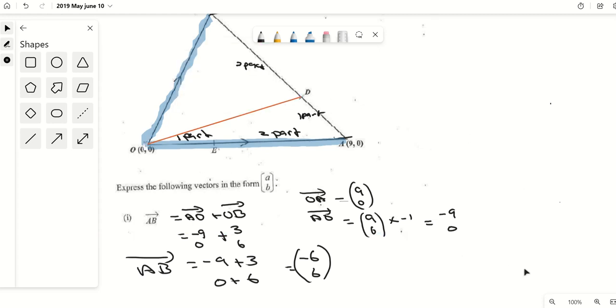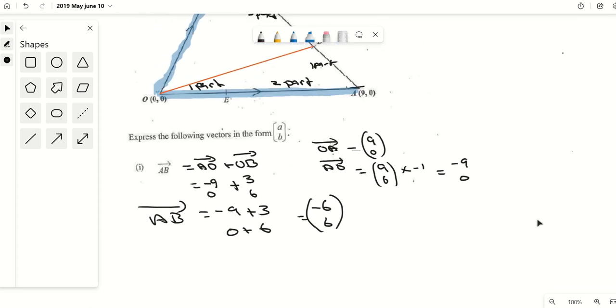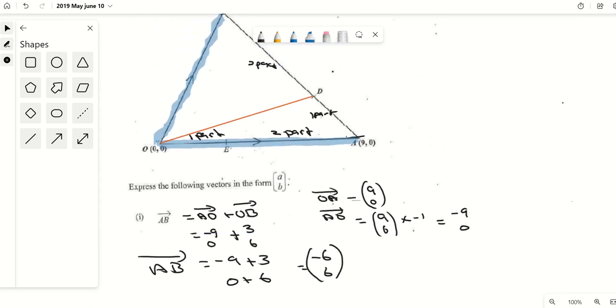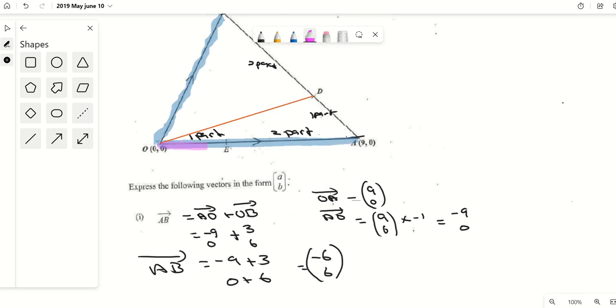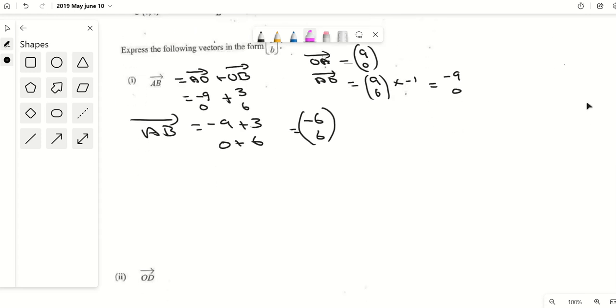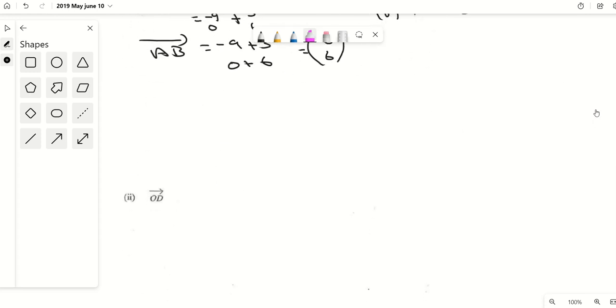So they want OD. That means we are going, and let's use pink, to start from O, we go into A, and then we go into D right here. So that means that this equation here is OA plus AD. And that is how you would get it.